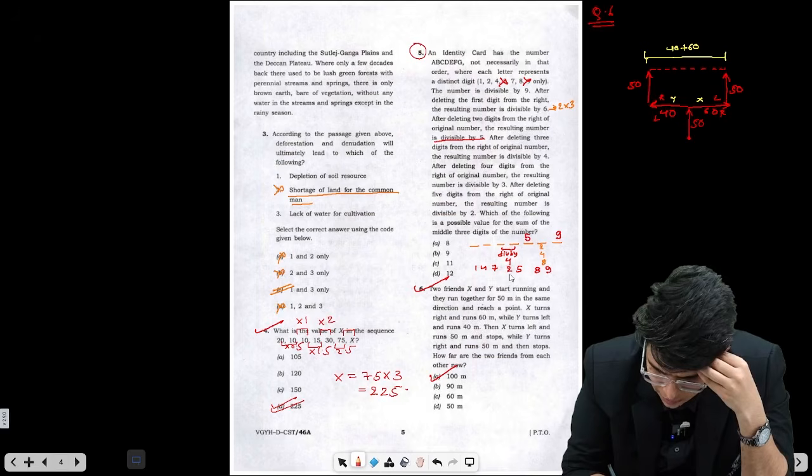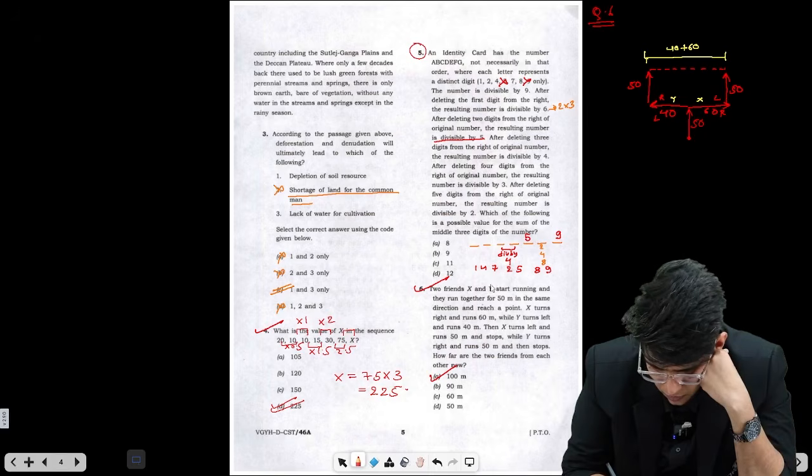Another possibility with 2 here can be 4, 7, 1, 2, 5, 8, 9.